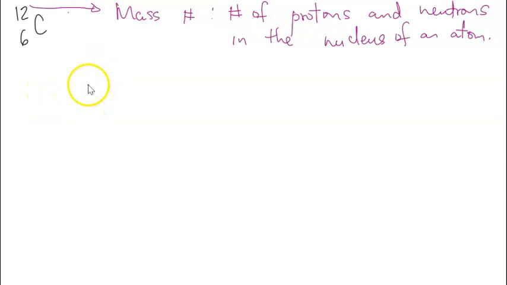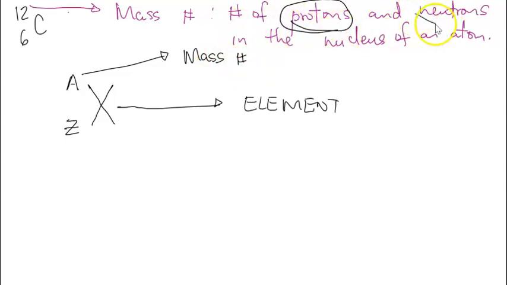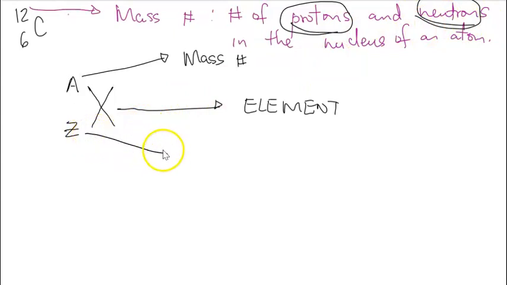So we have X with Z and A, where X is my element, A is my mass number, which gives us protons and neutrons, and Z is my atomic number, which tells me the number of protons present in the nucleus of my atom.